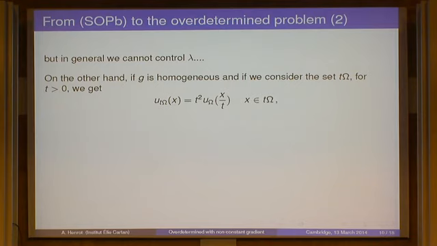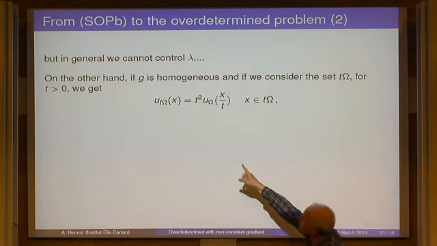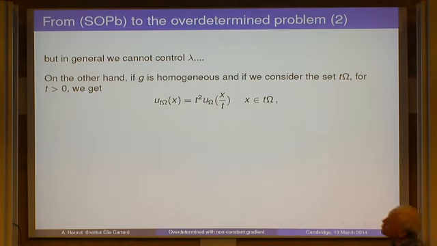But obviously now, I have my omega, solution of my shape optimization problem. I make a scaling: instead of omega, I consider t omega for some t. Now the torsion function is defined as t square u omega of x over t, which is the solution of my u problem over t omega. It's very easy to check.